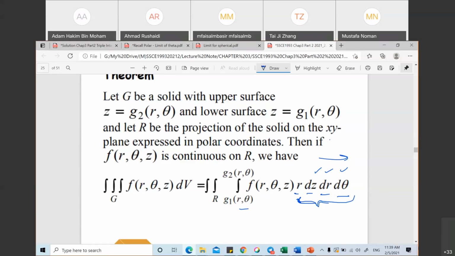If I write like this, this is your z, z1 a function of r and theta. This is the limit for z2, which is higher than z1. For r, your r must be a function of theta or constant. And lastly, your angle should be in radian. A constant is purely constant.